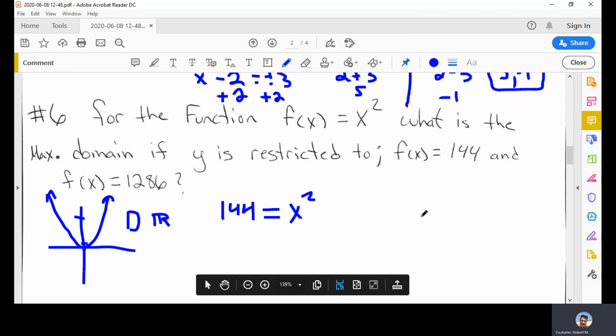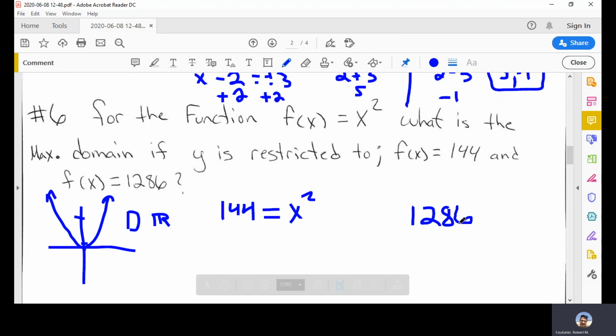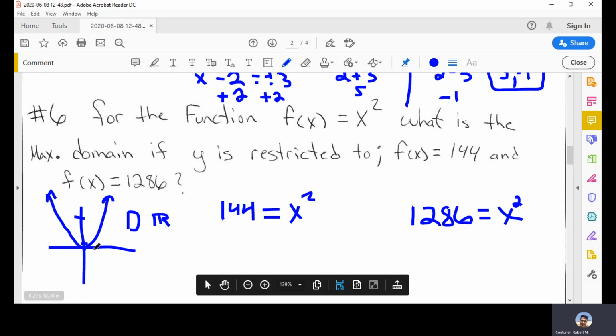And then it goes from here to where? To 1286 equals x squared. And so we need to figure out what the values of x are that are being used here. Because we have x's on this side, we have x's on this side, but we can't use some of them because it doesn't make sense.